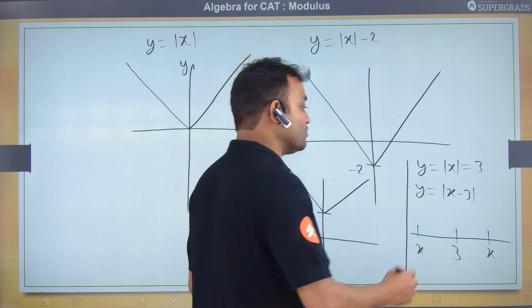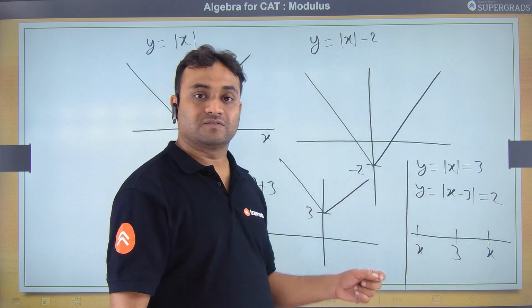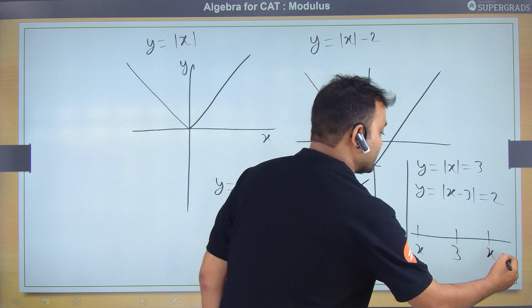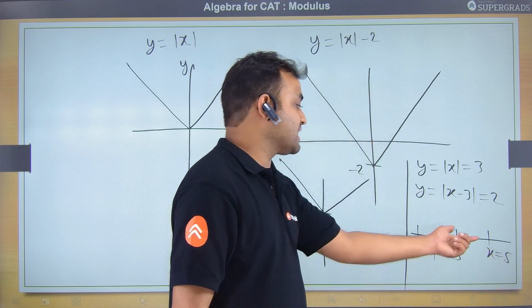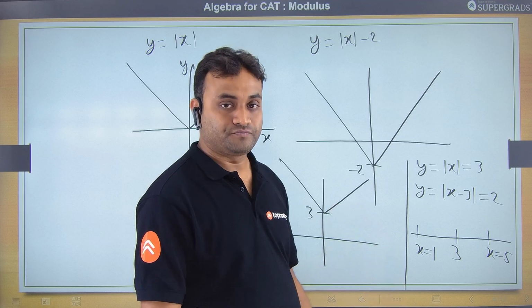That's why if this is equal to 2, that means what are the values of x from which the distance between x and 3 will be 2. So either we can take x is equal to 5 or we can take x is equal to 1. In both the cases, you can see the distance between 3 and x is 2.